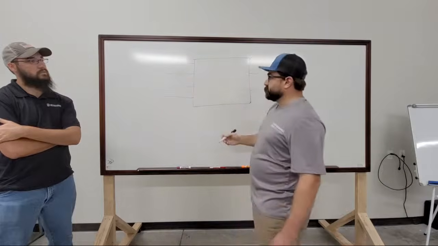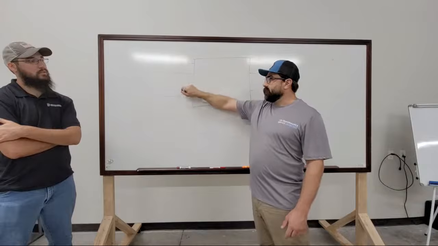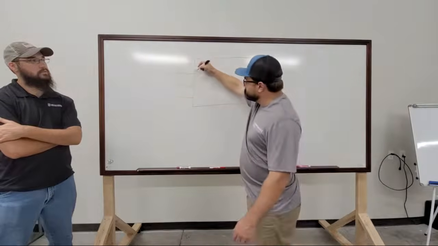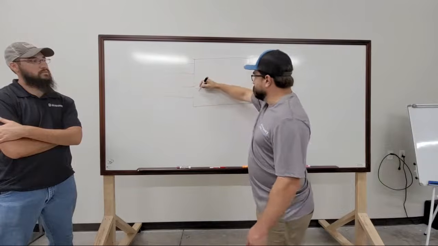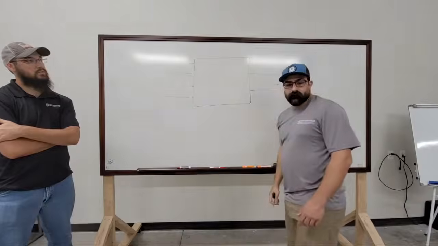So a typical dual duct box will have two inlets coming from a hot deck and cold deck, and then these dampers will modulate together, and that mixes the air inside of the box, and then it goes out to supply.